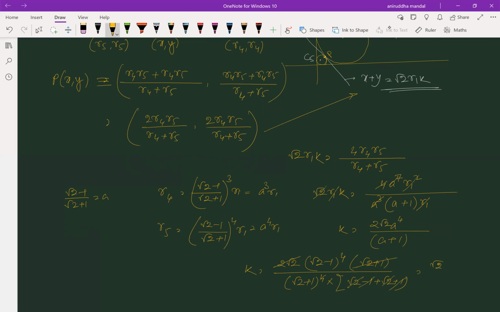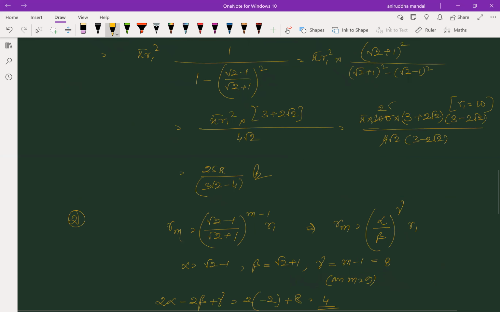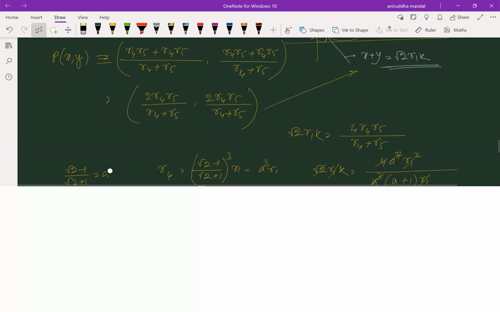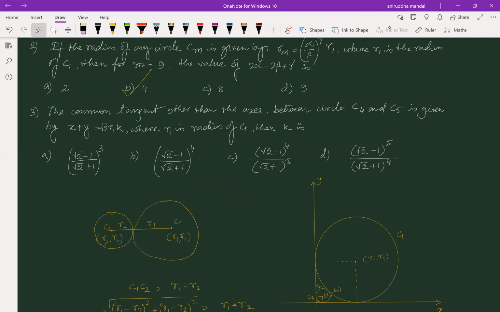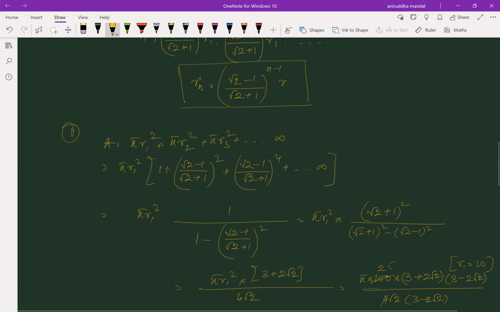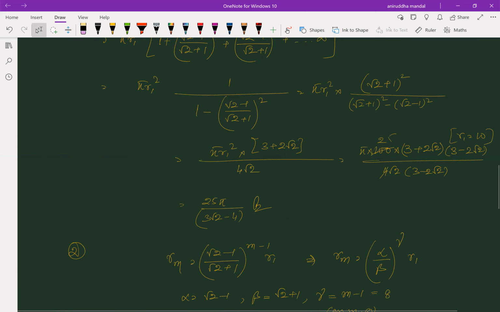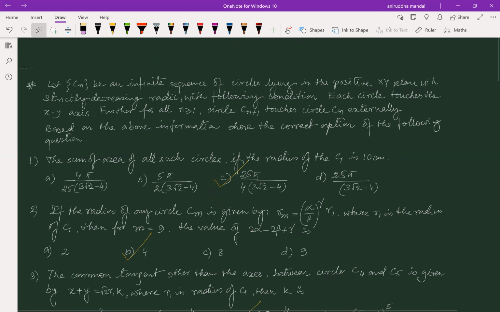So we just write our final equation of k as this is cube and this is 4. So this is the value of k. So let me check the options. So numerator is 4 and denominator is 3, so this is the correct option, option C. So this is a kind of STEM question. So this is all for today. See you tomorrow.